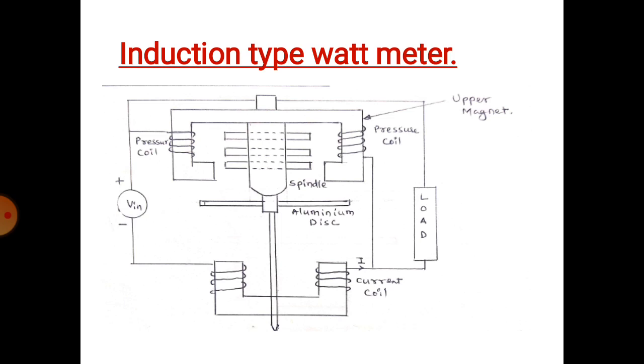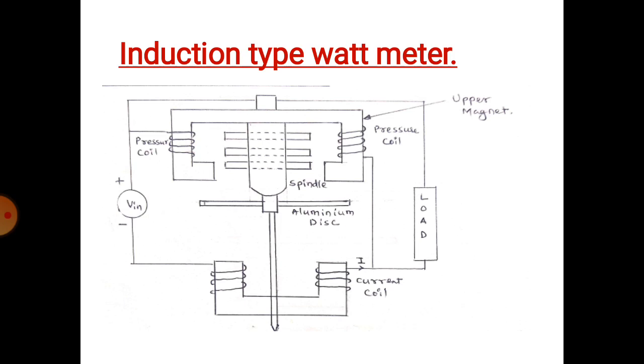So next we are going to discuss induction type wattmeter. The figure shows the induction type wattmeter. It consists of two electromagnets, upper and lower. The upper magnet has two coils in series wound in such a way that the flux produced by both is in the same direction.